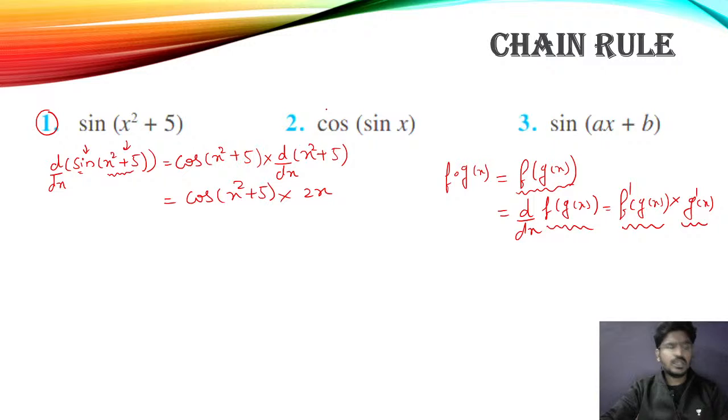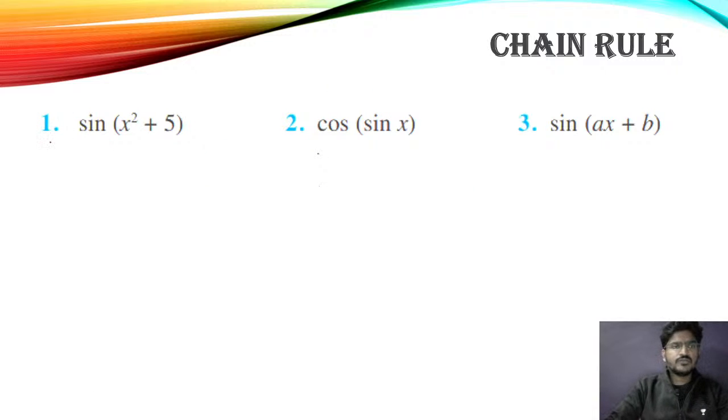Again you can see here cos is f, sin is g. So from this again you have to use the chain rule. So this is called chain rule system of solving composite functions.